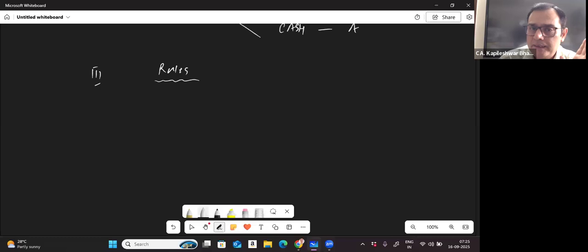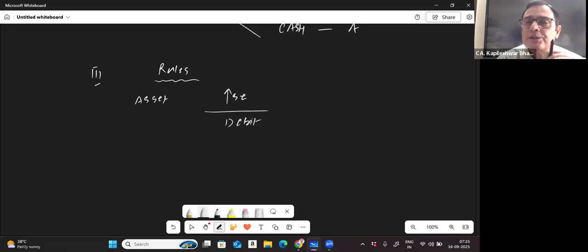The rule is, in terms of asset, if there is an increase, I'll say debit the asset. The person who created accounting was actually a mathematician. Since he was a mathematician, his thought process was left hand side, right hand side.